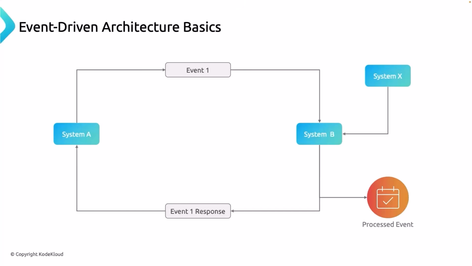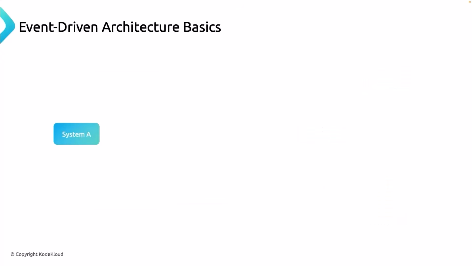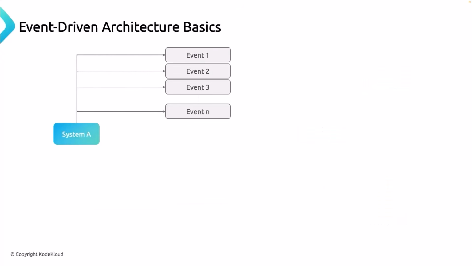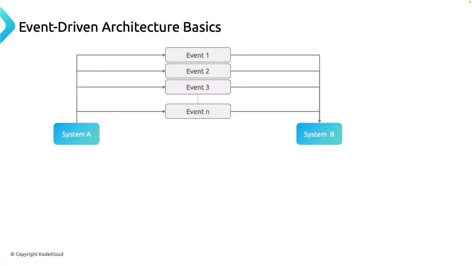Now, this is a cycle, as you can see. Now, imagine this at scale. We have system A that is emitting not one, but n number of events at a given point of time. Then we have system B, which has to process all of these n events at a given point of time without failing any of these events.